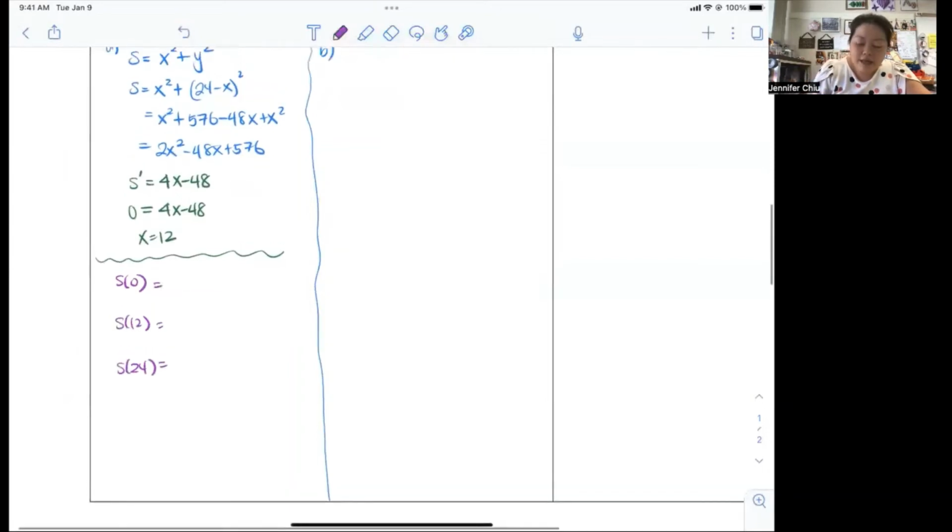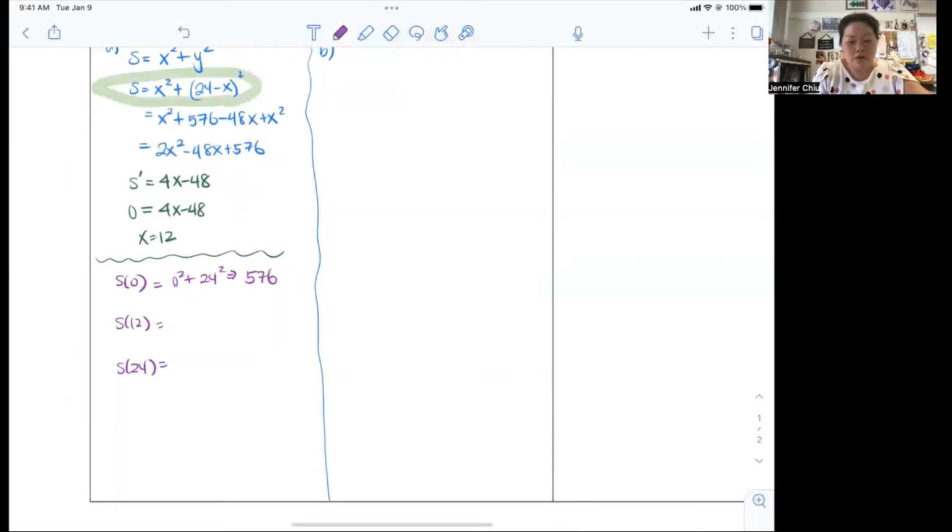You plug it into this function right here, because that's your S function, your sum function. If I plug in 0, I get 0 squared plus 24 squared, which is 576. If I plug in 12, I get 12 squared plus 24 minus 12, which is 12 squared. 144 plus 144 is 288.